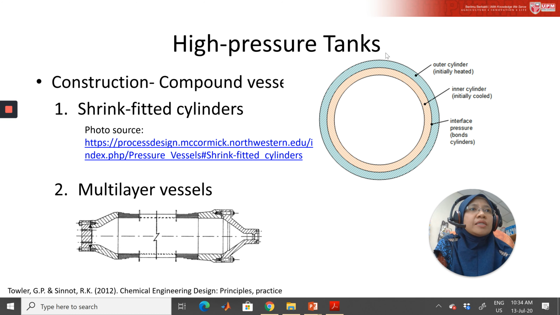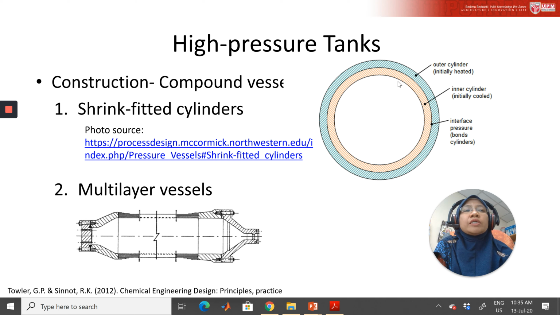the inside diameter of the outer cylinder is made slightly smaller than the outside diameter of the inner cylinder, and then is expanded by heating to fit over the inner.